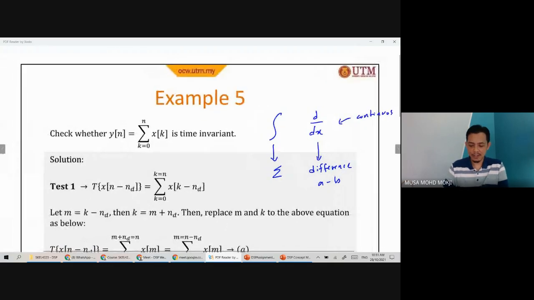So hopefully everybody can get an A because everything becomes much, much easier. Integration becomes a summation, because now you see everything using a summation in this course. You're not going to see this anymore. There's no d over dx, so everything will become just a minus.